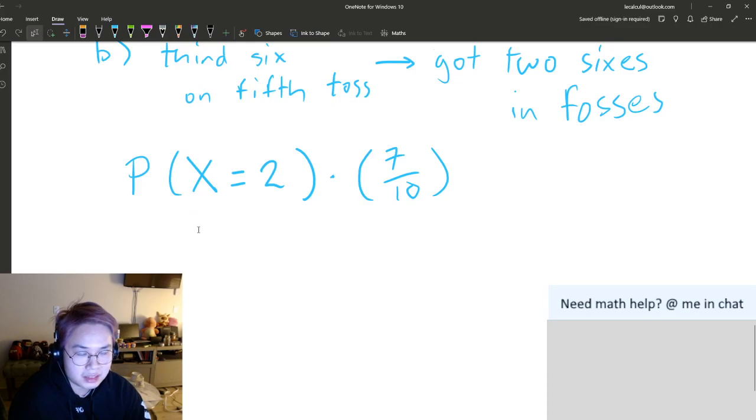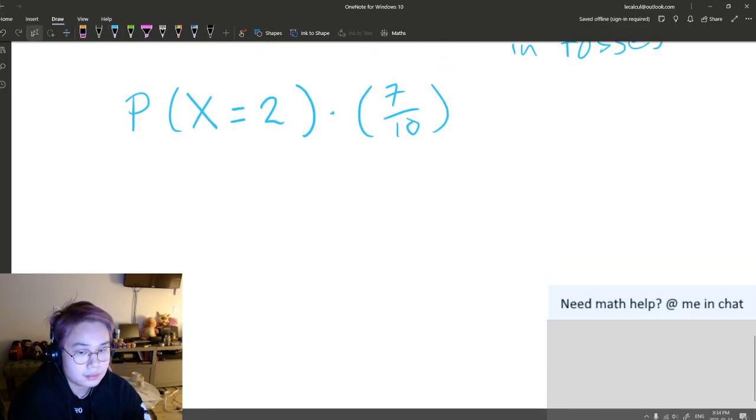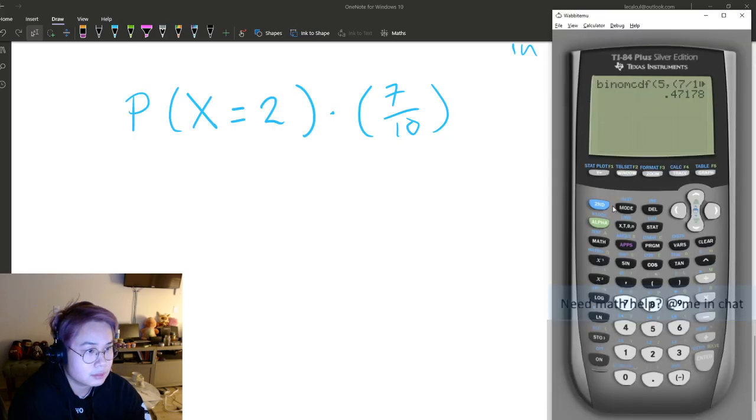Okay, so then this is in a calculator. So clear this, second distribute. And this one is a binomial PDF because we're just finding a single probability. So how many trials? We did this 4 times. Probability is 7 over 10. And I don't know if these brackets do anything, but it's a good habit.